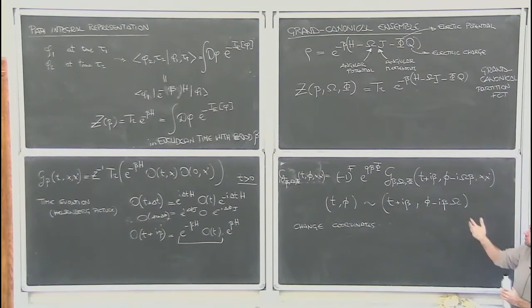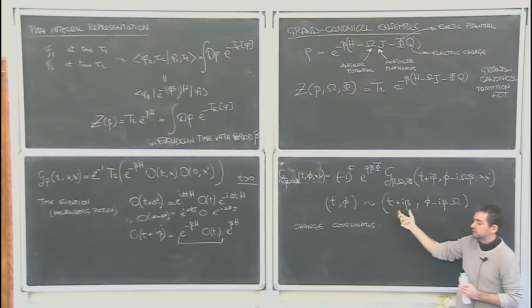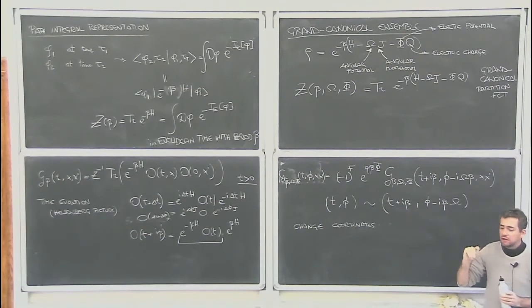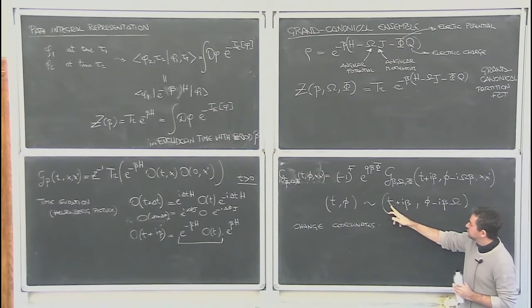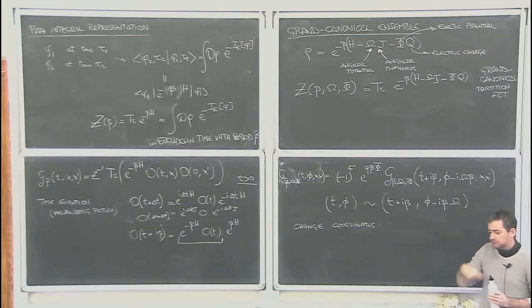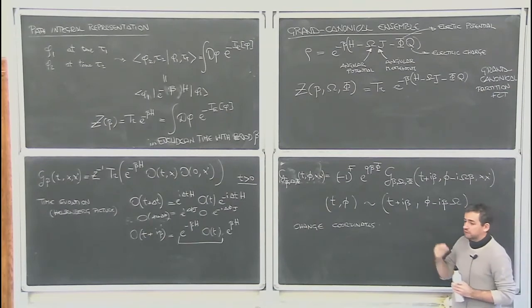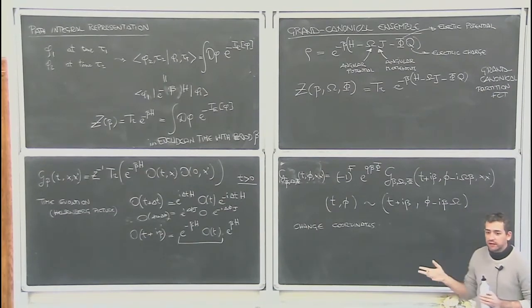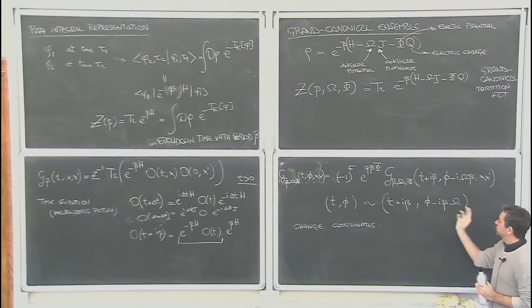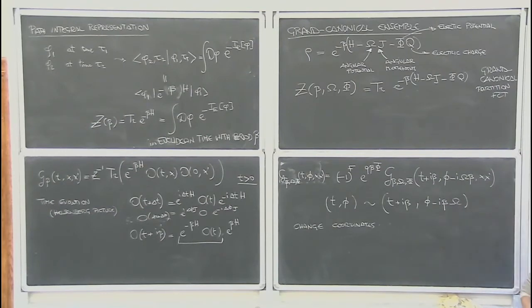You would like somehow to go back to the previous situation where you can analytically continue t to i tau, and then just identify tau with tau plus beta without weird i's. So you need to get rid of that. No ideas?